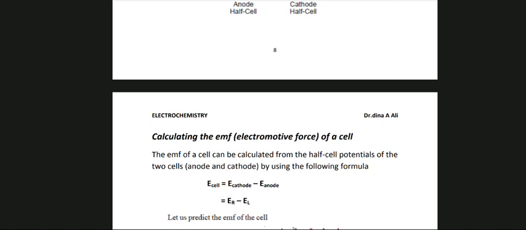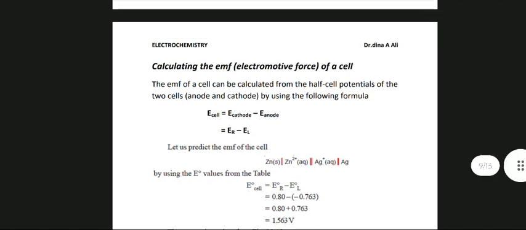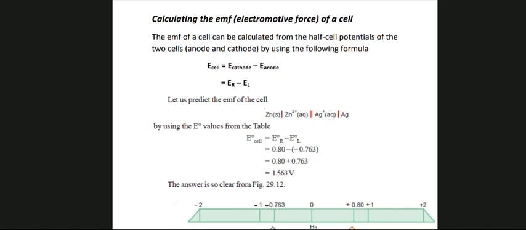Calculating the EMF, electromotive force, of a cell. The EMF of a cell can be calculated from the half cell potentials of the anode and cathode by using the following formula. E cell is equal to E cathode minus E anode, that is, E right minus E left. Let us predict the EMF of the cell Zn solid gives Zn2+ aqueous, Ag+ aqueous gives Ag.